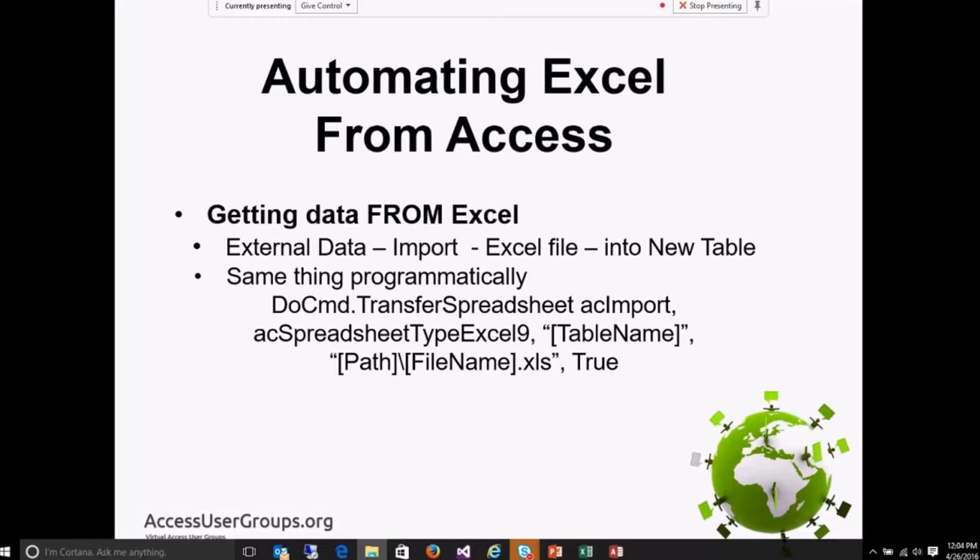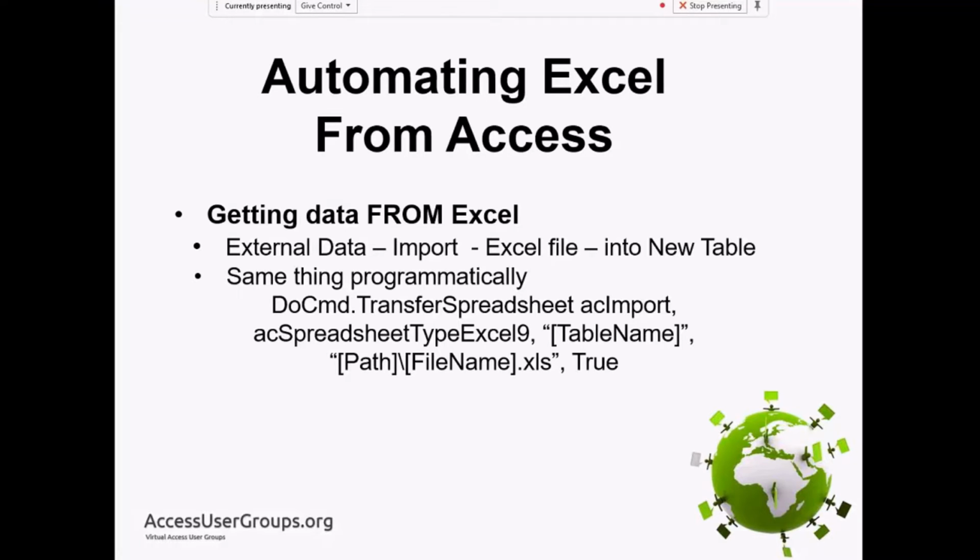You don't use the brackets, but you do use the quotes. The brackets indicate that you would replace that with the actual table name that you were using. And similarly, the full path and file name, including the extension, of the spreadsheet that you want to import. And then true means whether or not you have column headers. Otherwise, it will use generic column names, like column 1, 2, 3, if you don't have headers.